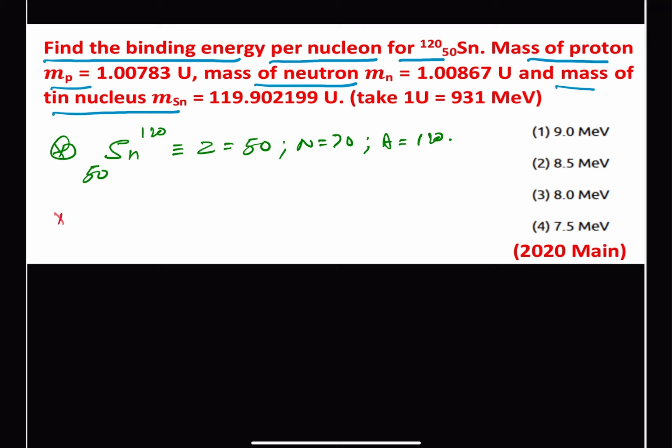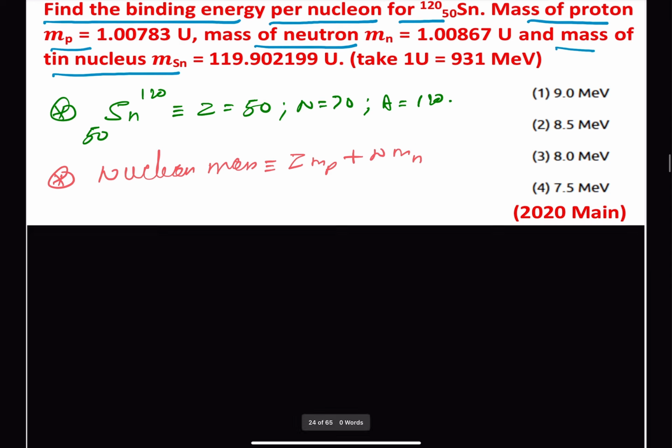So we can say that our nucleon mass will be equal to Z multiplied by mass of proton plus N multiplied by mass of our neutron. So we simply substitute the values.